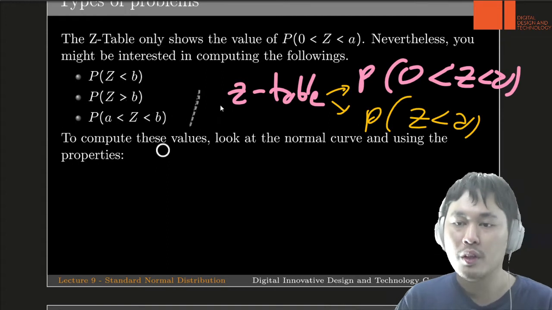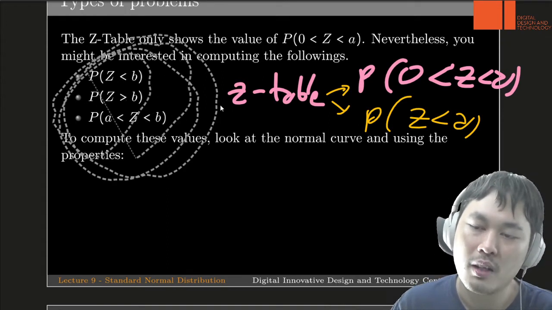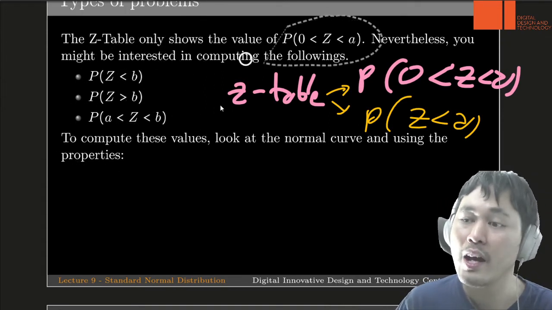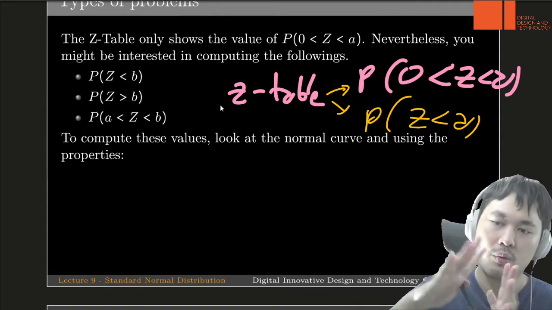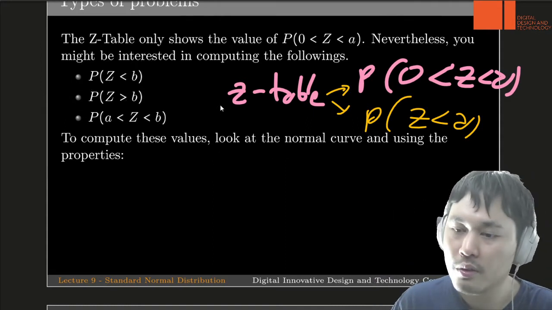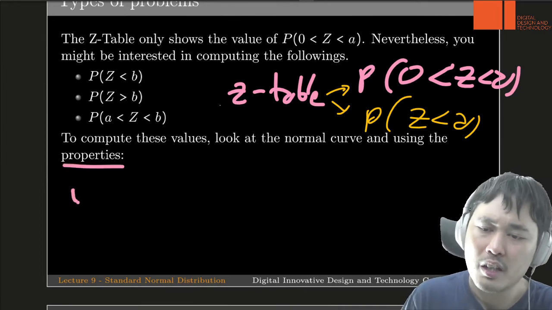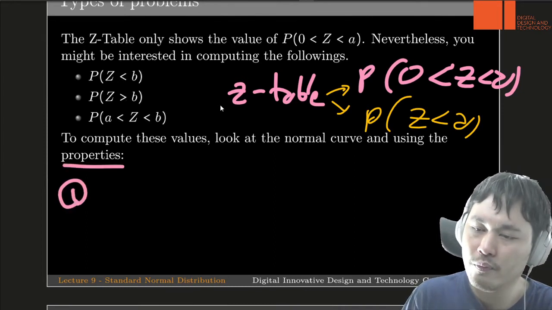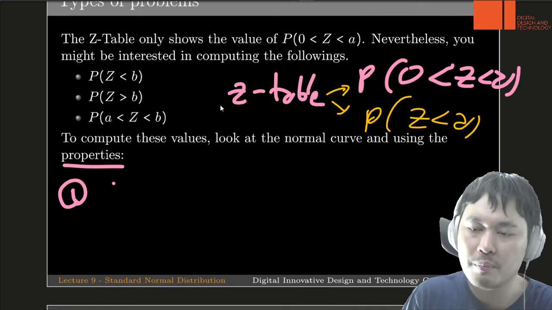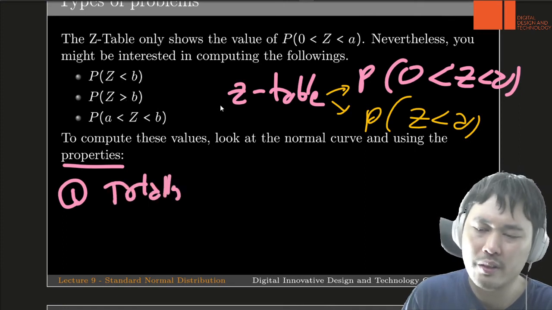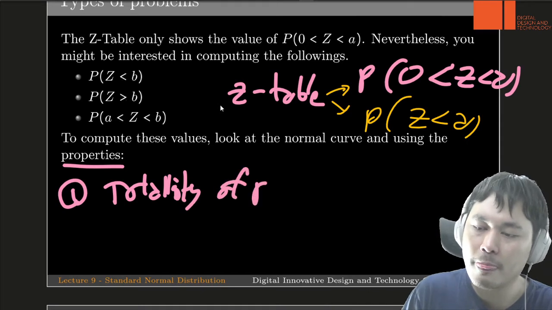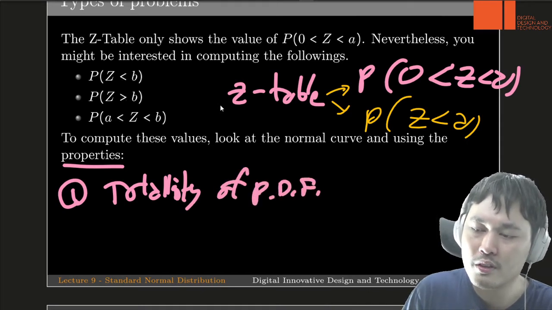So if you want to compute values of this type, if we are given one of these values, we can compute the rest using some properties. First we have to use the usual property, which is the totality of the probability distribution function.